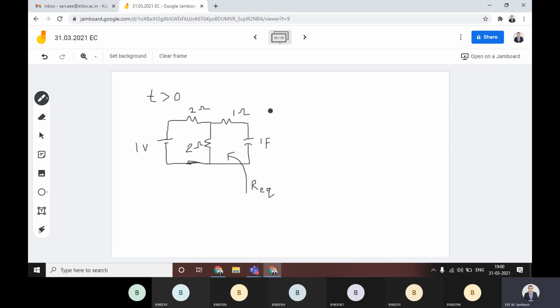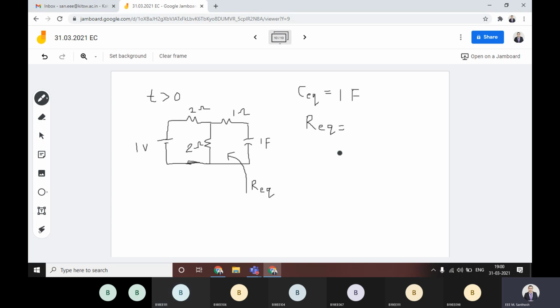Can anyone tell us first, in the case of t greater than 0, what is the C equivalent value? There is only one capacitor, so C equivalent is directly equal to 1 farad. What is the value of R equivalent? Is it 2.66?